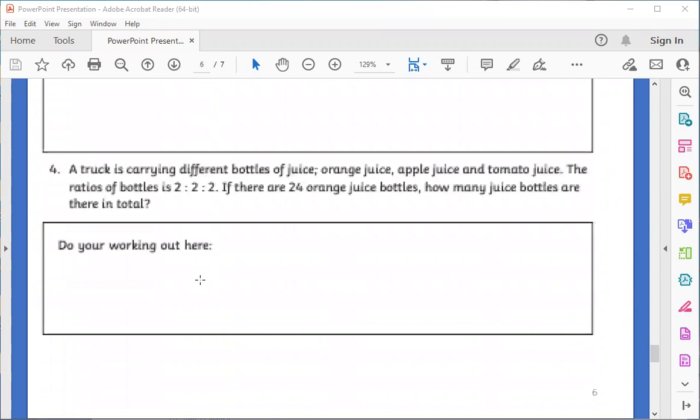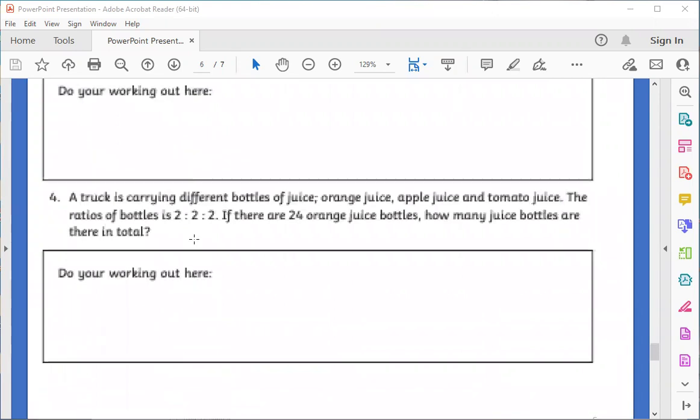Right, let's do this. Sorry if it's not too clear, the font, okay, but we will try. I'll read to you. A truck is carrying different bottles of juice. Orange juice is there, apple juice is there, tomato juice is also there. All right.